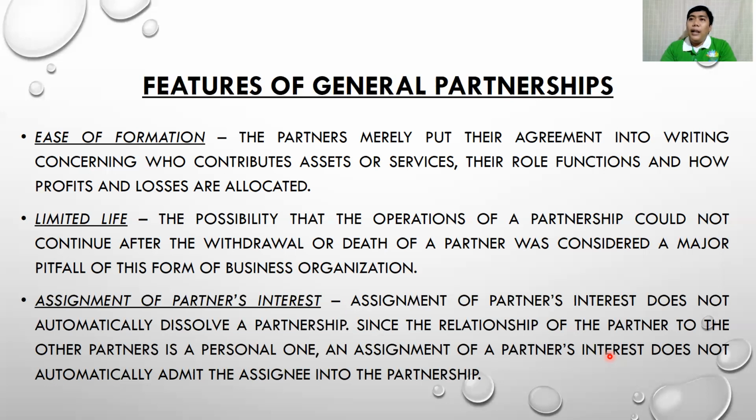As long as he is not dead or he does not want to exit the partnership, that assignment of interest to other people does not automatically give the right to that creditor to be a partner of the partnership. So the partnership still remains intact between A, B, and C, even though he or she assigned his or her interest or profit share to other people. Yan yung meaning ng assignment of partner's interest.